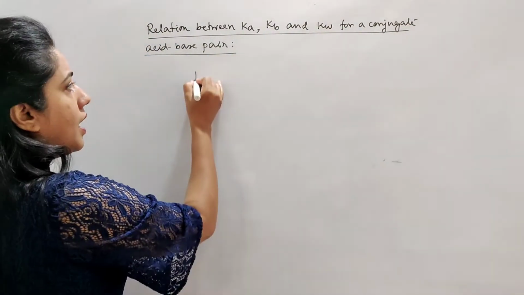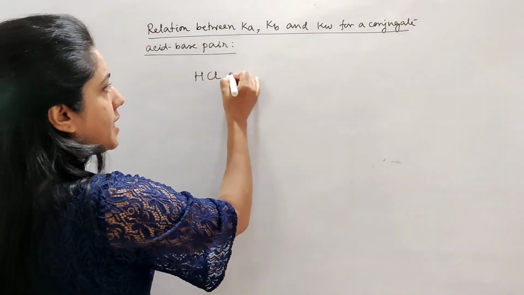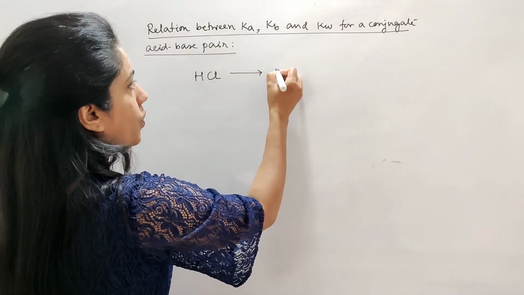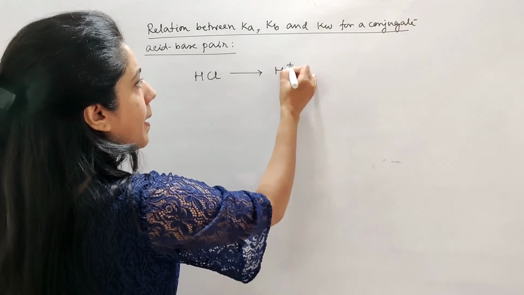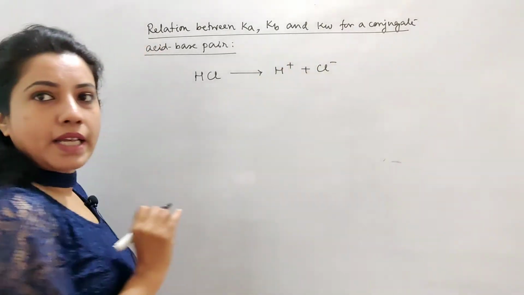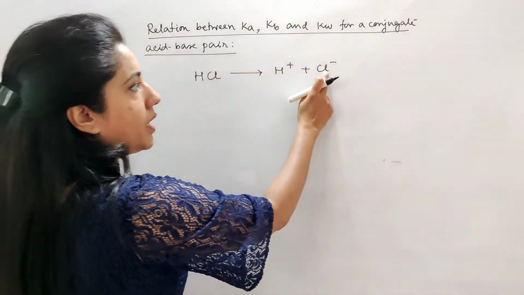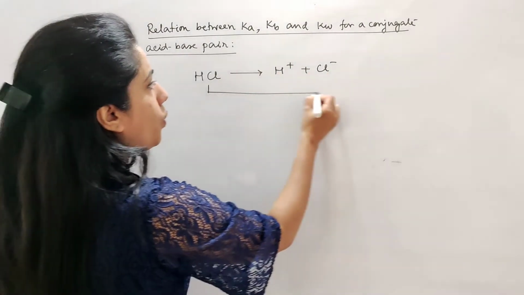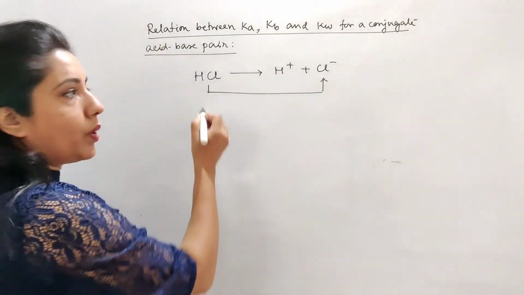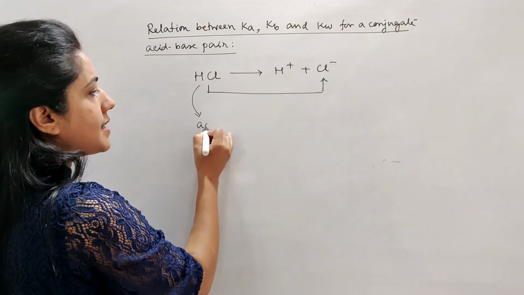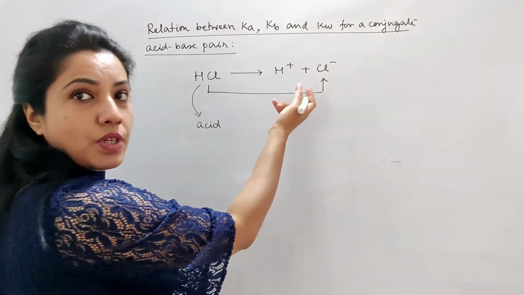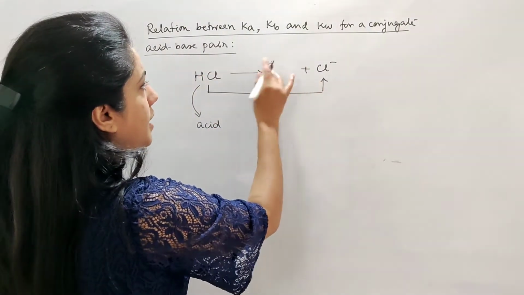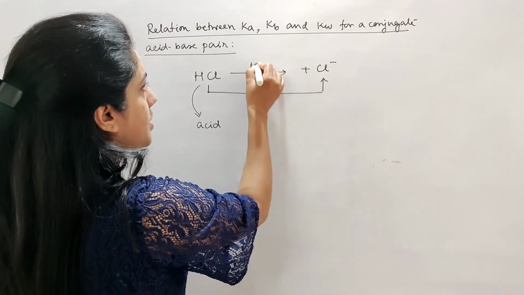Just for an example, I told you last time, suppose HCl is dissociated into H plus and Cl minus. So you can see HCl is dissociated into Cl minus by donating hydrogen, so HCl acts as the acid. On the other hand, if you see the reverse reaction, I should write H plus on the arrow so you will understand this better.